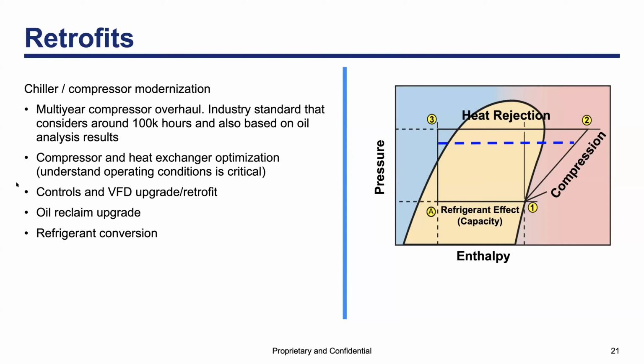But again, it all depends on what is the refrigerant that we have and what is the refrigerant that we're migrating into. For example, I conduct a lot of analysis and energy analysis for existing equipment operating with R12. The customer wants to retrofit or convert the unit from R12 to R134a.